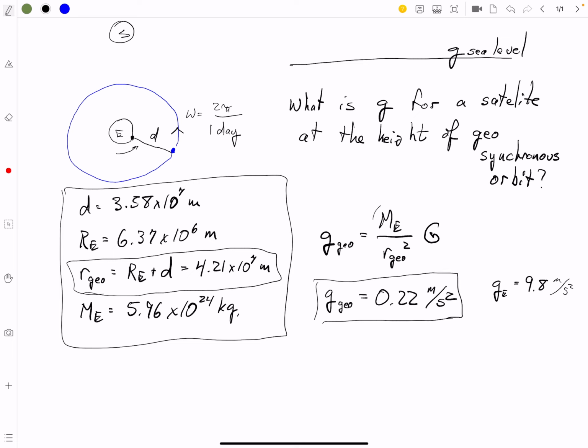Nothing else changed. This stayed the same. This stayed the same. The only thing that changed was that. So the further away you are, the smaller the gravitational constant is going to be. Not the universal gravitational constant, but the constant for the massive body. That massive body is this guy.